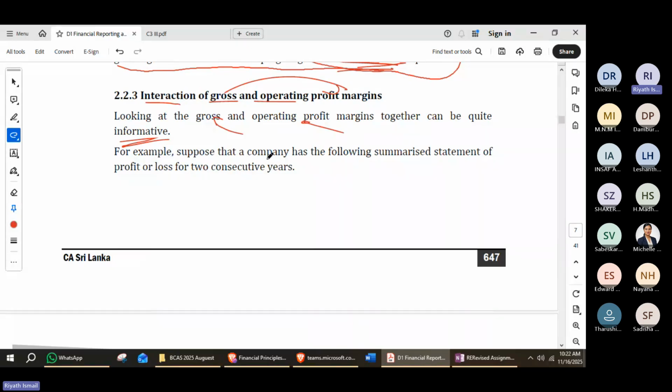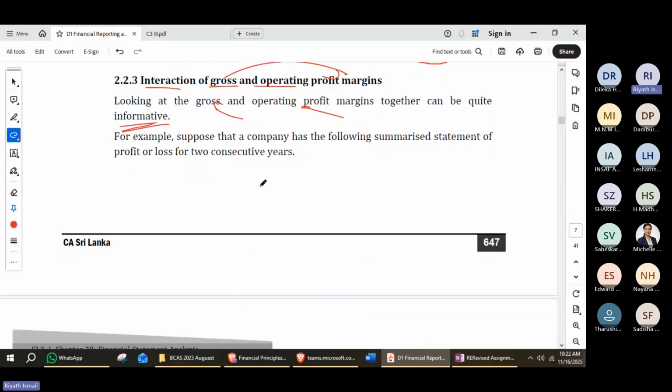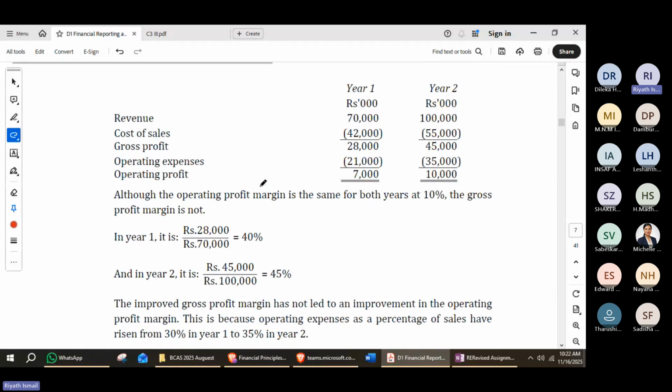For example, suppose that a company has the following summarized statement. You see, it's another example. Last year 70, and this year 100, and gross profit 42, 55, like that. Operating profit 7 and 10. When you look at the operating profit, it is 10% last year, and also 10% this year.